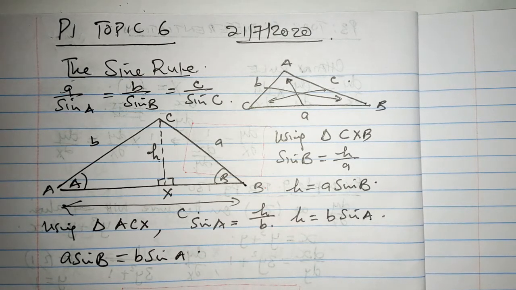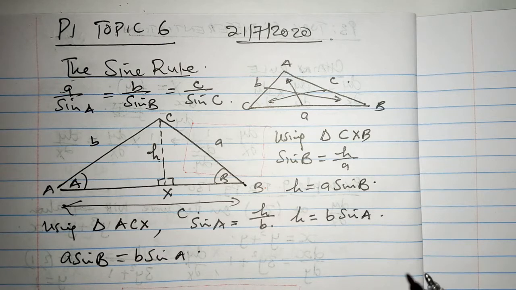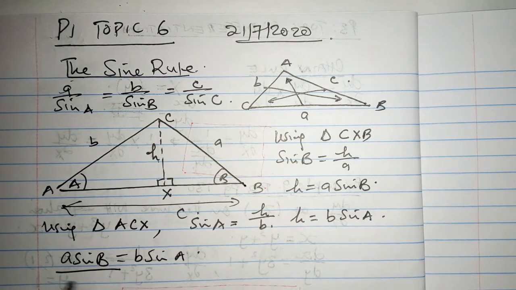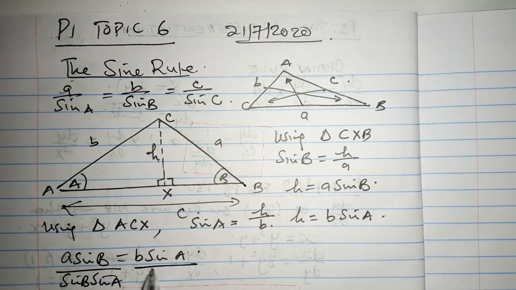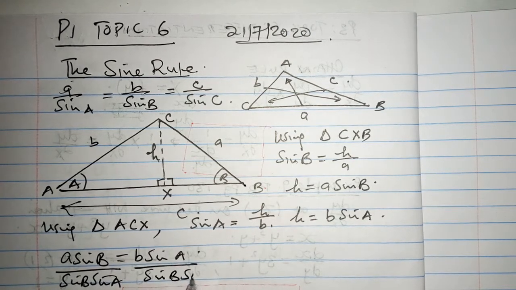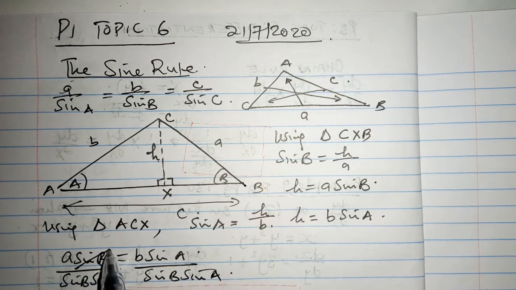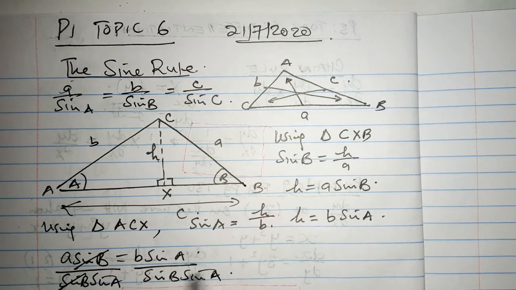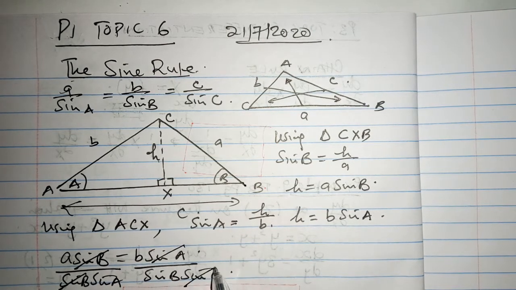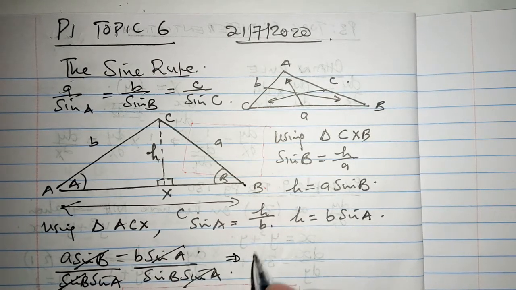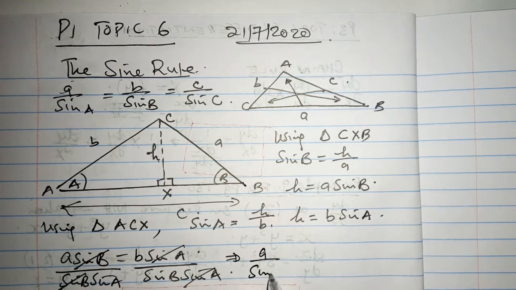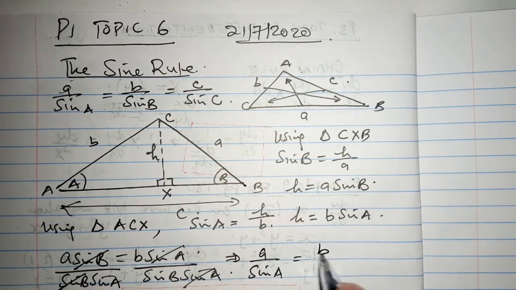If you divide both sides by sine B sine A, the sine B here will cancel with that sine B, and the sine A here will cancel with that sine A, and we are left with a over sine A equals b over sine B.